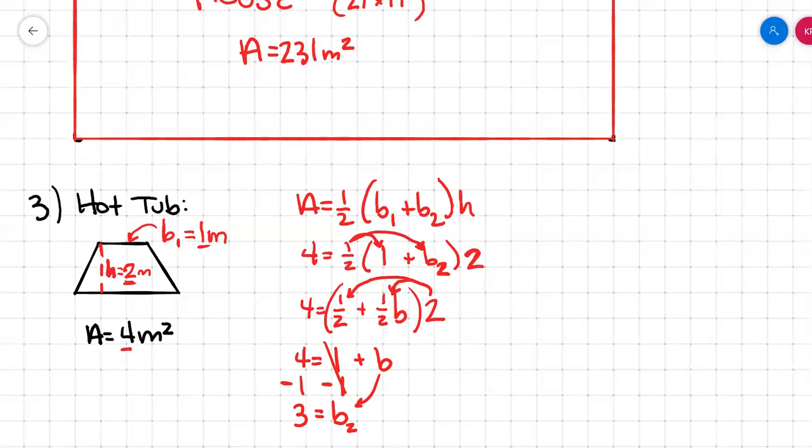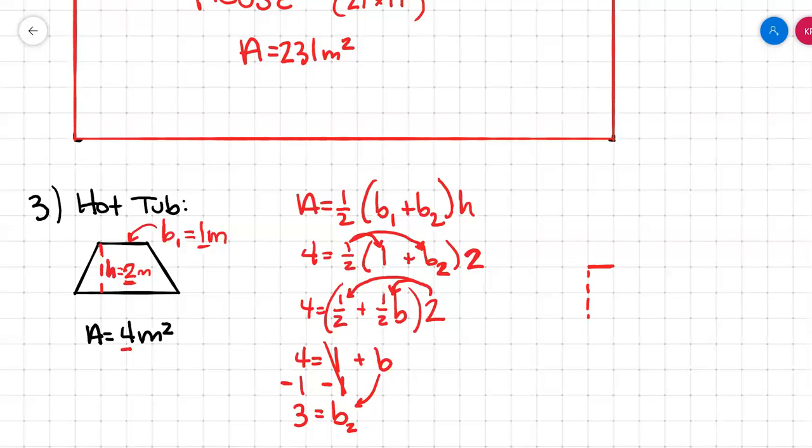So then we can come over here, and the smaller base, which is the top, is 1 square. The height is 2 squares, so we know our height is going to be 2 squares.